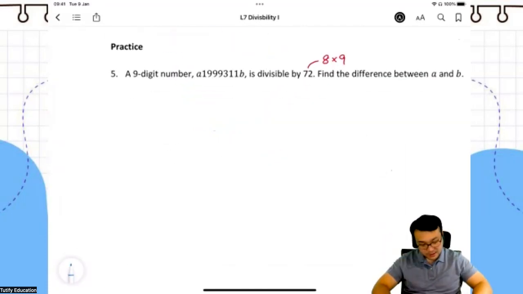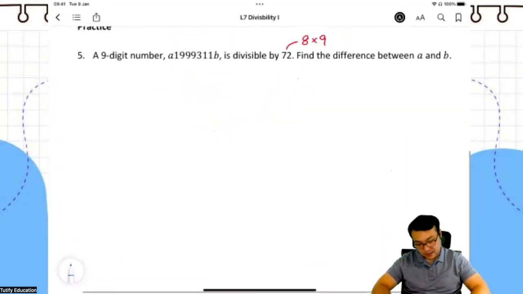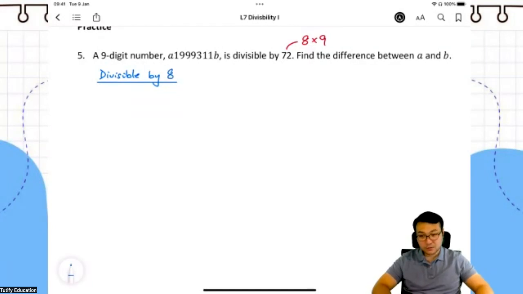So first we start with the divisibility rule of 8. And we must make sure that this number is divisible by 8. So what is the rule again for divisibility rule 8? Find the last 3 digits.